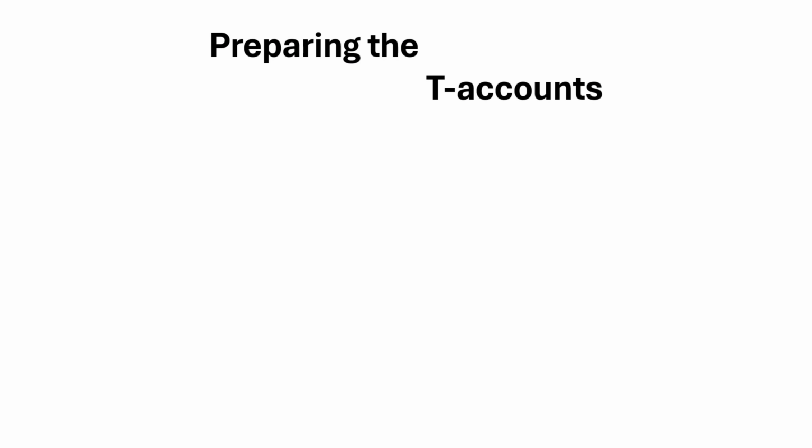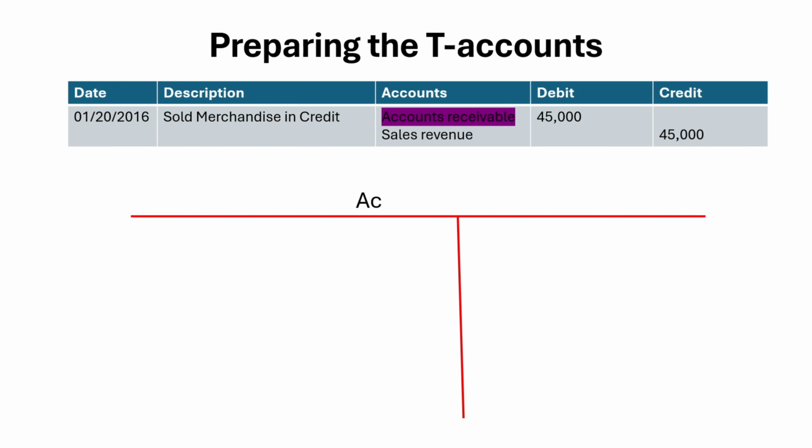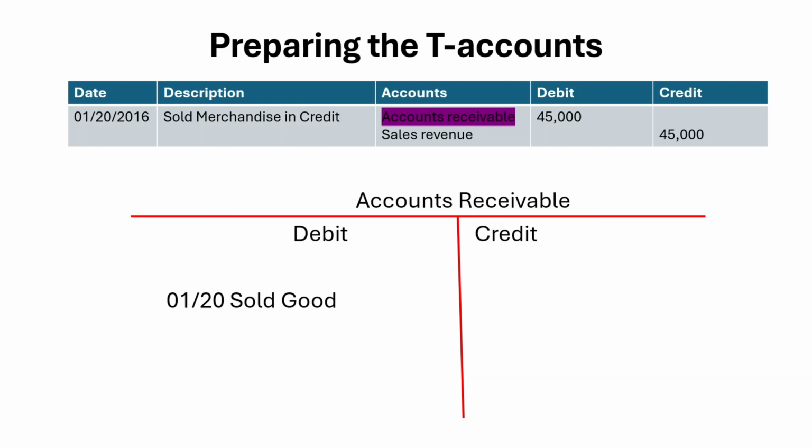Let's go to another transaction. We have the journal entry over there. Then we have the accounts receivable, debit and credit side. On the 20th, goods were sold for 45,000, recorded on the debit side. The total for debit is 45,000.